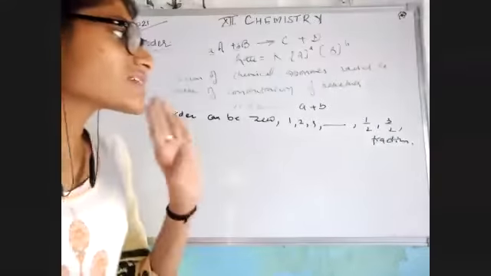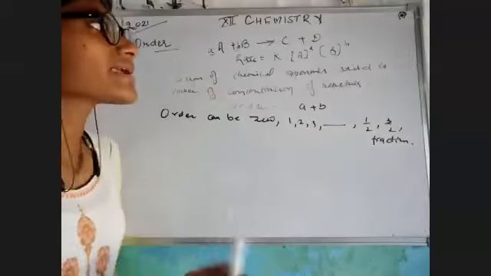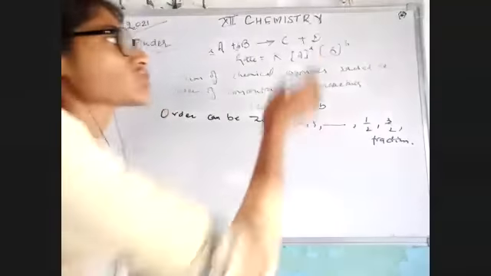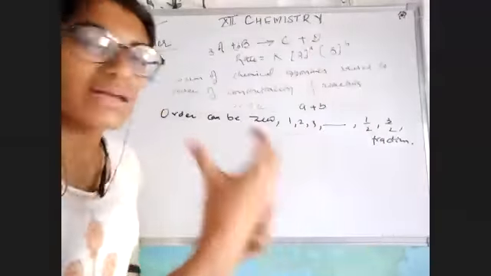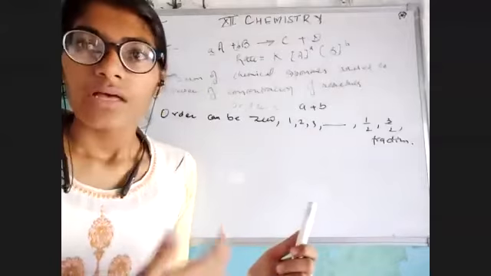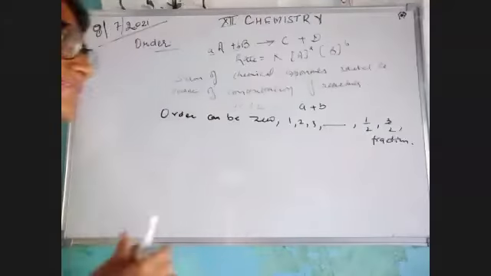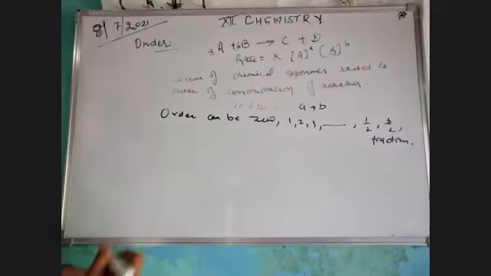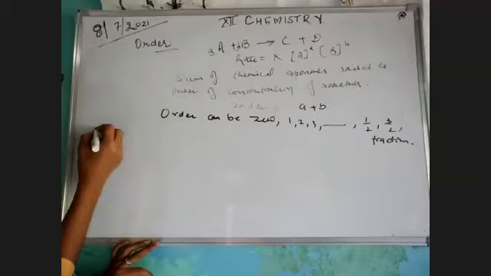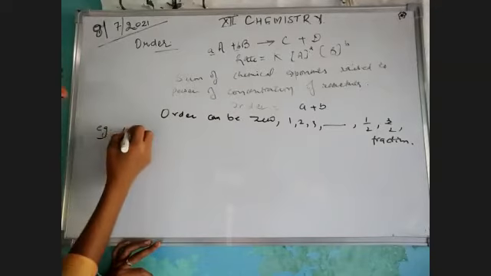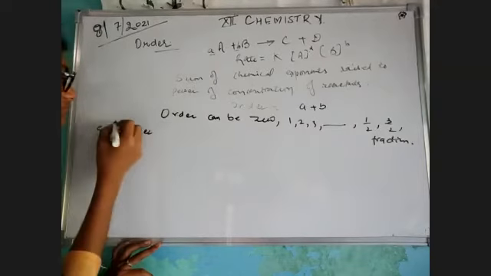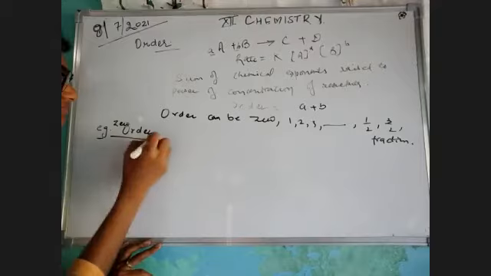That means we determine it experimentally, for the particular chemical reaction with this A and this B connected together. Now let's see a few examples of order. For example, take a reaction of zero order.